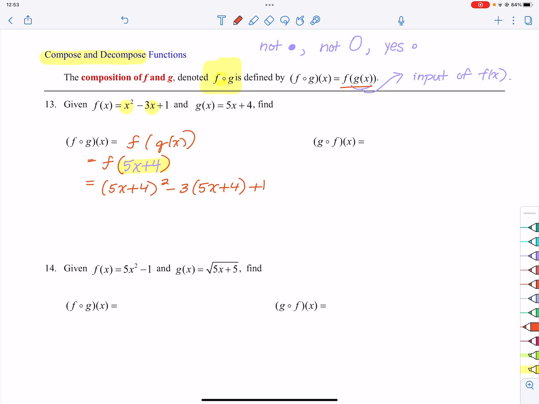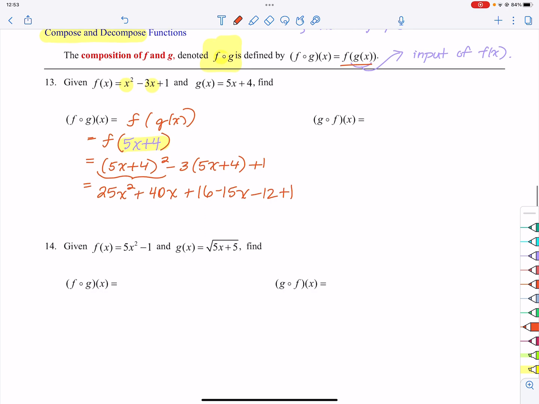Okay, and we're going to go ahead and square this binomial. If you need to go somewhere else and do that, to square this binomial, we have 25x squared plus 40x, that's 20x times 2, plus 16. Let's distribute that negative 3, and we still have that plus 1.